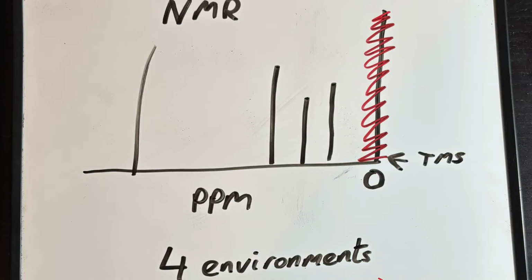And we use this as a standard because it only has one environment. The x-axis is parts per million, and it starts on the right-hand side at 0 and works left. So you can see here that there are 4 different environments because there are 4 different peaks, not including the TMS peak, because like I said, it's a standard.